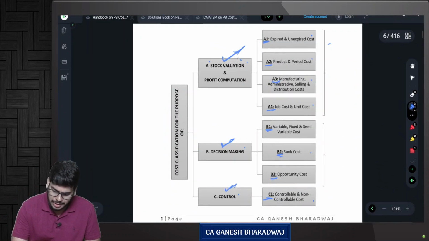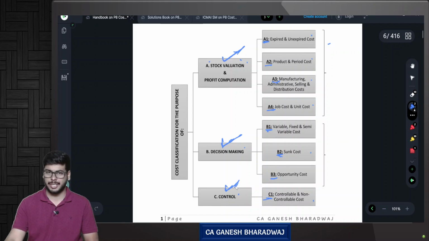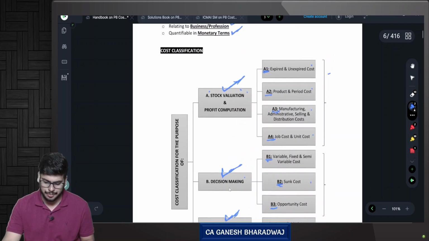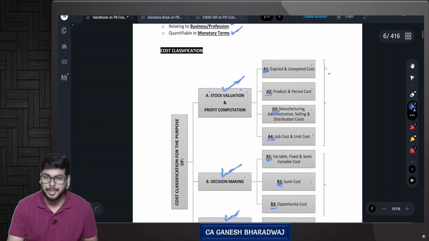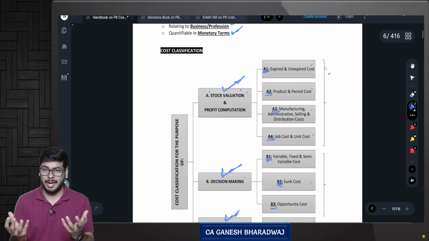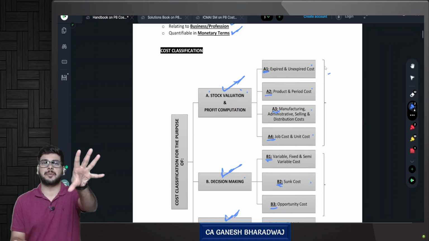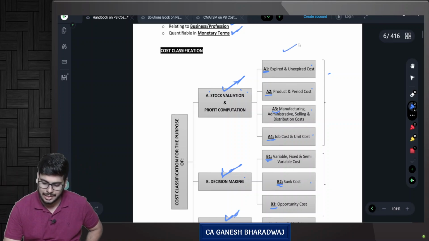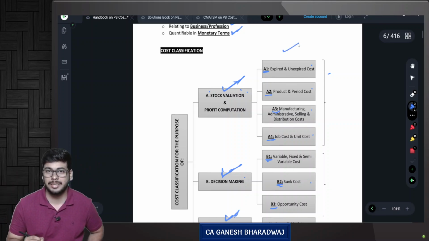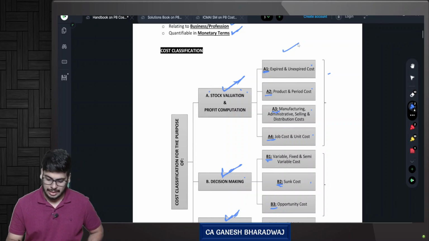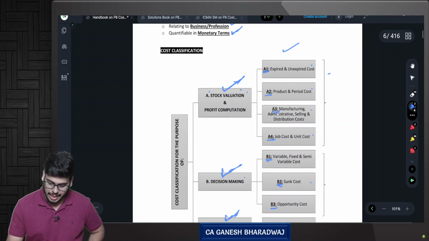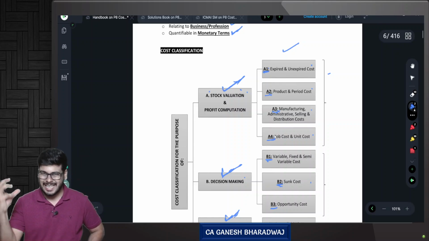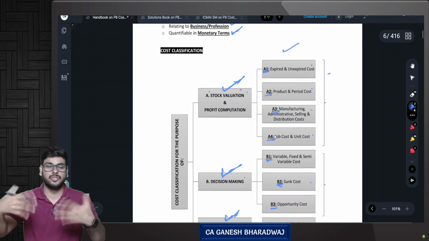And for each of these three objectives that we have, cost should be looked at differently. That is why I told you, based on a given purpose, the same cost can be classified differently. That is what we are going to see as cost classification. So in cost classification, I told you this A1, A2, A3, A4. The same cost gets classified in so many ways.